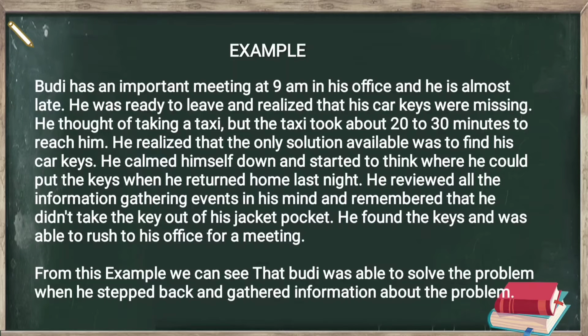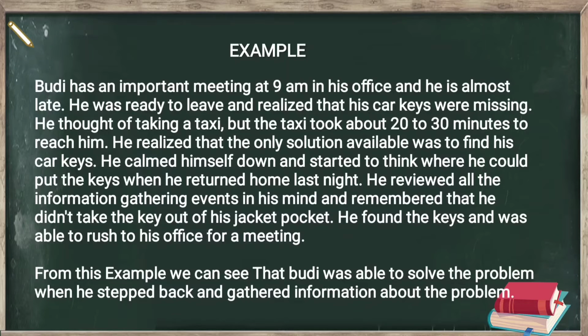For example, Woody has an important meeting at 9 a.m. in his office and he is almost late. He was ready to leave and realized that his car keys were missing. He thought of taking a taxi, but the taxi took about 20 to 30 minutes to reach him.